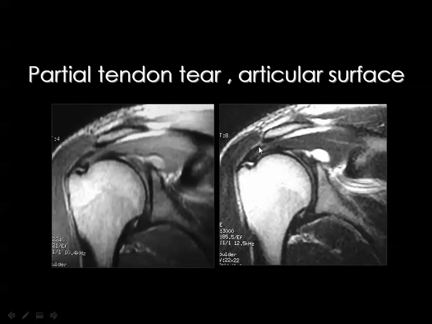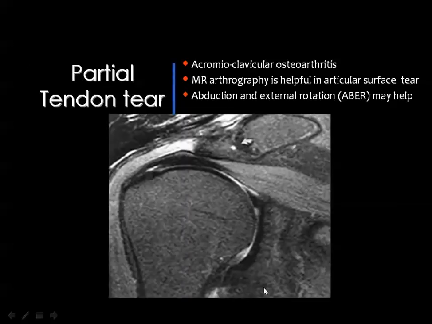You can identify that the superior fibers of the tendon are intact, reaching the insertion site in the greater tuberosity, while the inferior fibers are not intact, they are disrupted here, and you can appreciate the fluid signal, denoting there is partial tear in the surface of the tendon facing the joint.